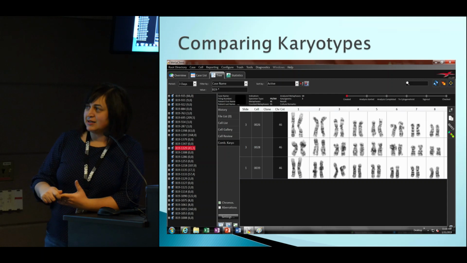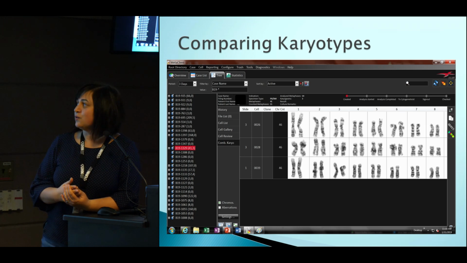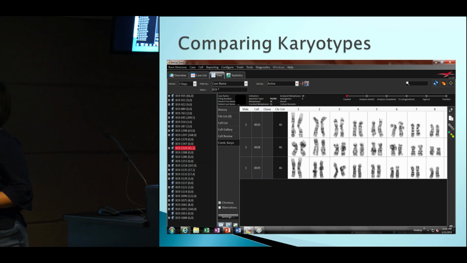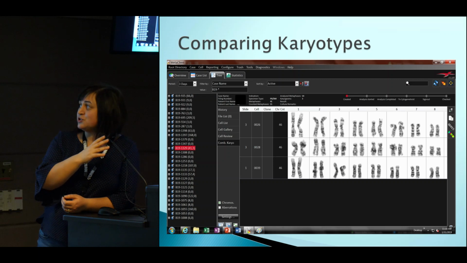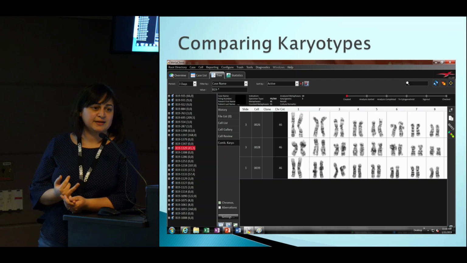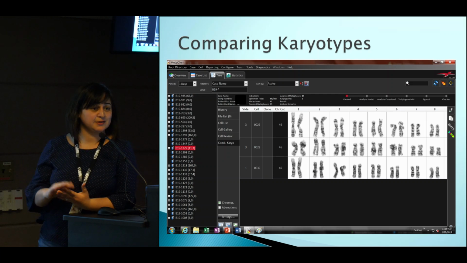In addition, the beauty of MetaClient is the fact that you can keep track of where a case is at. Right here, there's a bar that basically shows you when the analysis was started and by whom, and when it was completed and checked, and when the director actually signed out the case.